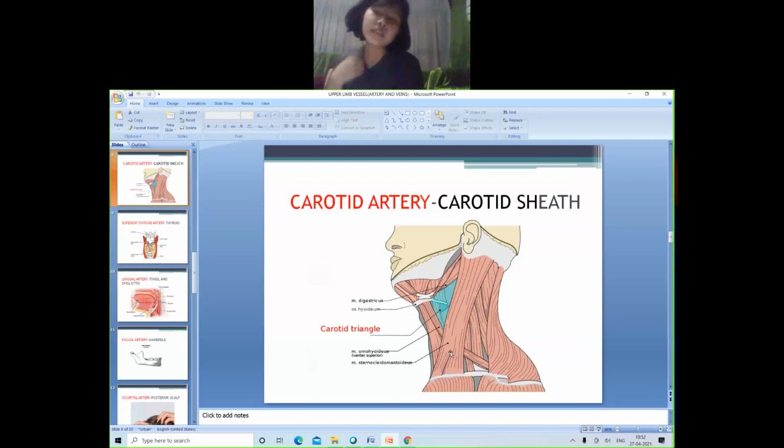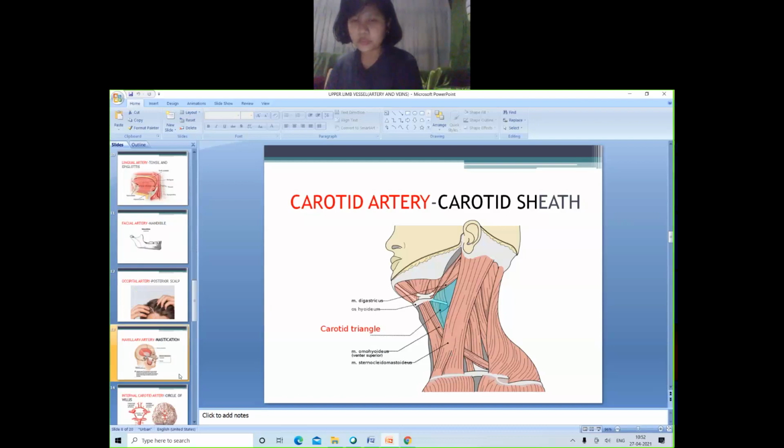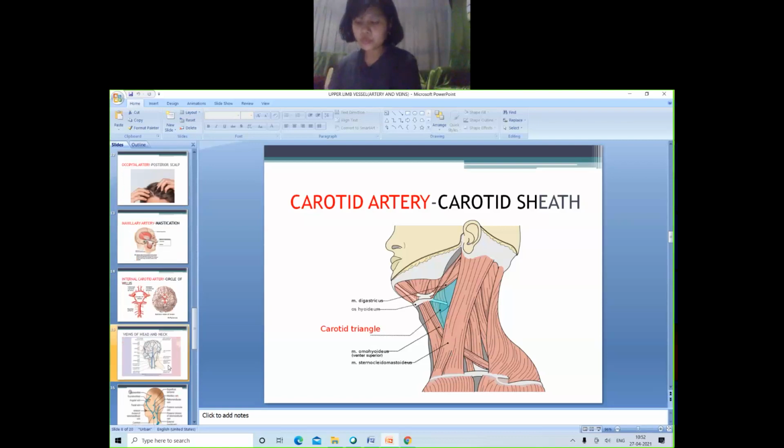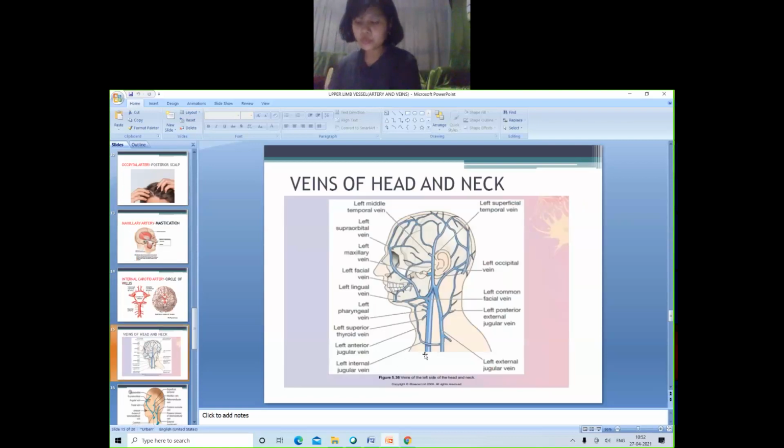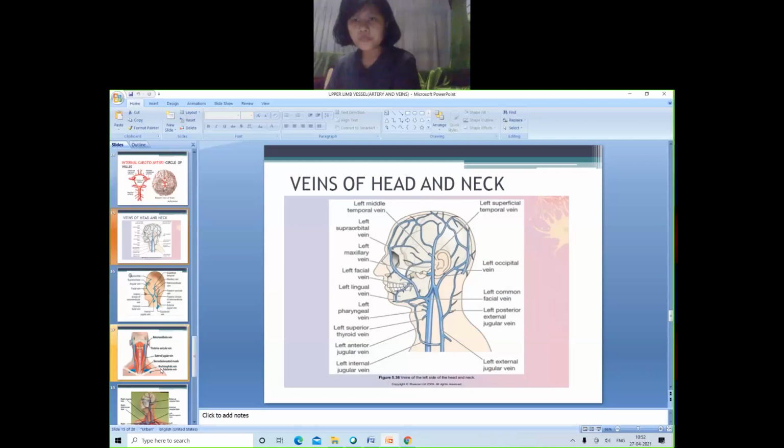Okay, in the neck and then in your jaw, they will pass behind, in this portion. That is the sternocleidomastoid muscle. You will find here and here the sternocleidomastoid muscle. This one. That is the internal jugular vein. Sorry, external jugular vein. Okay, now let's talk about the internal jugular vein.